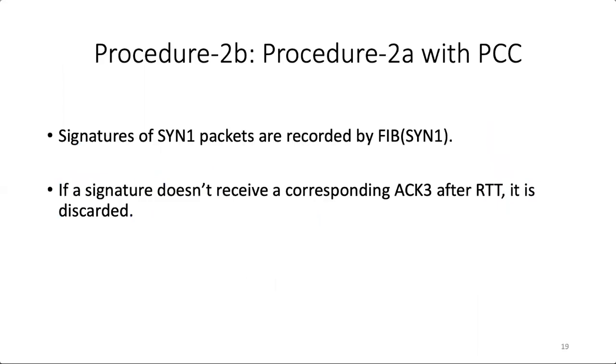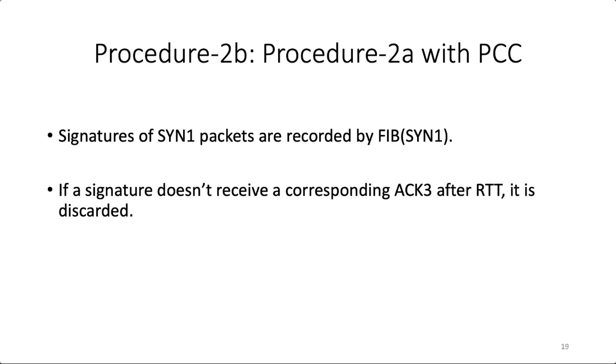We now present procedure 2B. This procedure is very similar to procedure 2A, but will also maintain PCC. This procedure uses the same CHT hardware flow for validating ACK packets and learning ACK3 signatures.